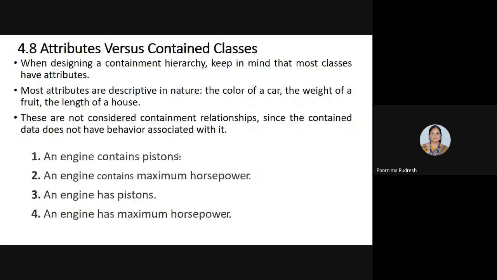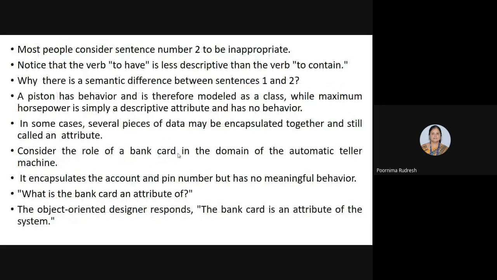Here it defines that the engine has maximum horsepower, so it defines an attribute, right? It is the descriptive nature of an attribute, and it doesn't consist of any behavior.